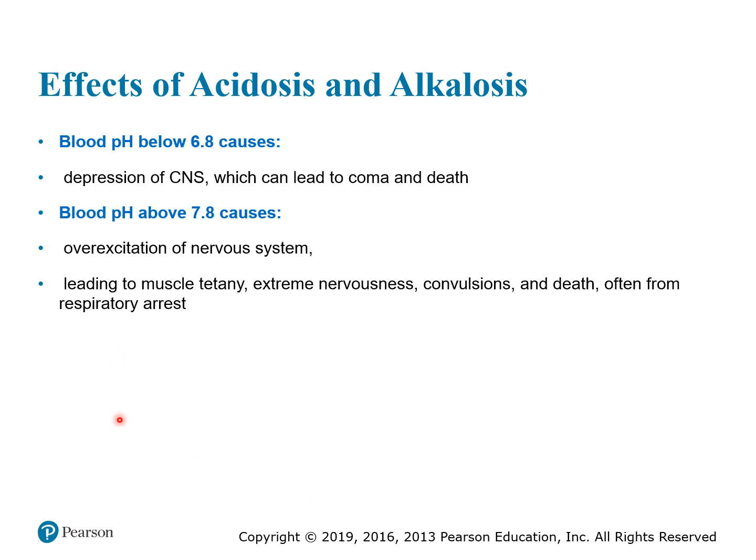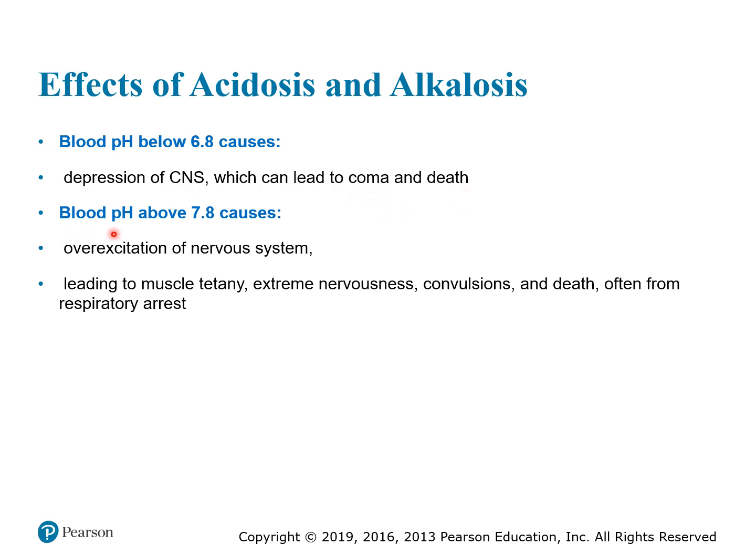What are the effects of acidosis and alkalosis? What effects does it have on the body? When the blood pH is below 6.8, this is severe acidosis. There is depression of the CNS, and this can lead to coma and death.